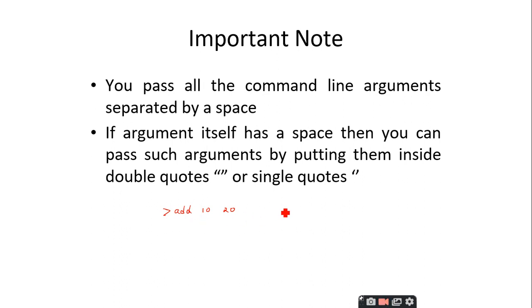For example, if I want to make use of 3 arguments, I write the name of the program, space, first argument, space, second argument, space, third argument. The point you have to understand here is that while giving inputs to the command line arguments, you have to give white spaces between those arguments, that is it.